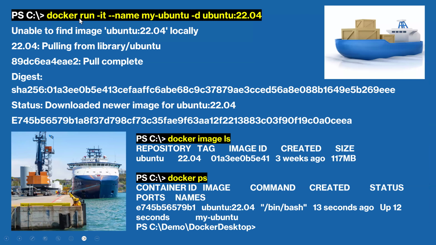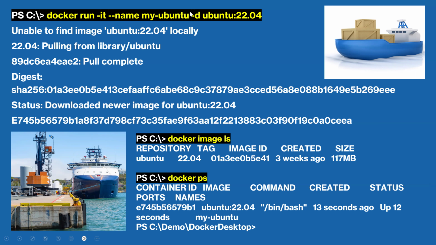So docker run -it, and this IT stands for interactive terminal, teletype. So you could type in --interactive or -i, and --tty for terminal, or just shorten it to -it. And then you can say --name, and you can assign a new name for this Ubuntu image that you're downloading.